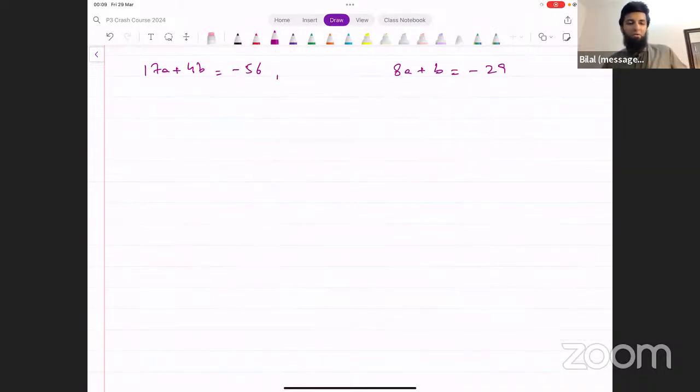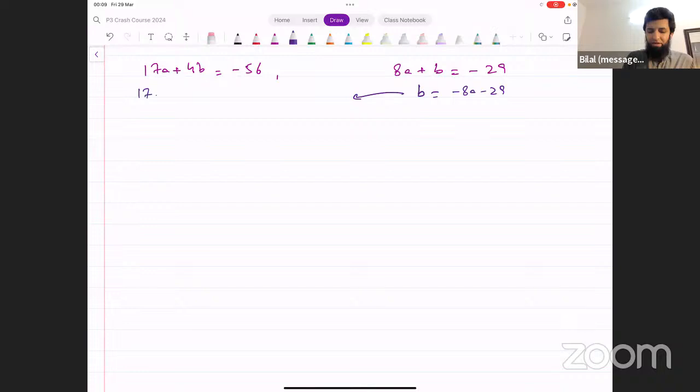We just solve these two equations simultaneously. From the second one, we could make b the subject, and that gives us b equals minus 8a minus 29. Put that in the first equation, and that will give you 17a plus 4 into minus 8a minus 29, that equals minus 56.